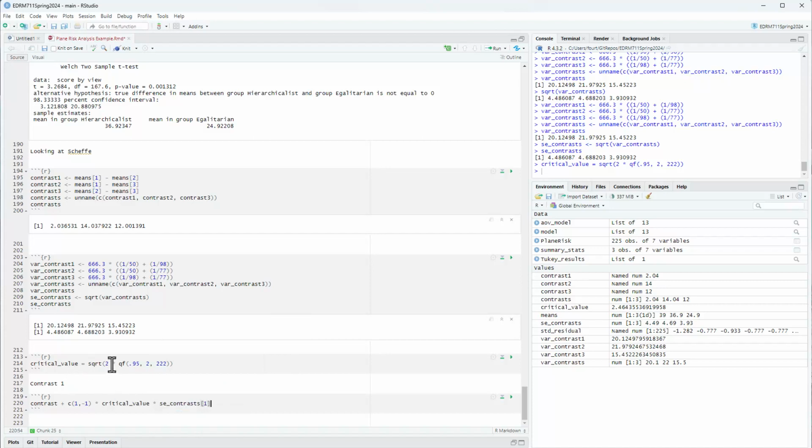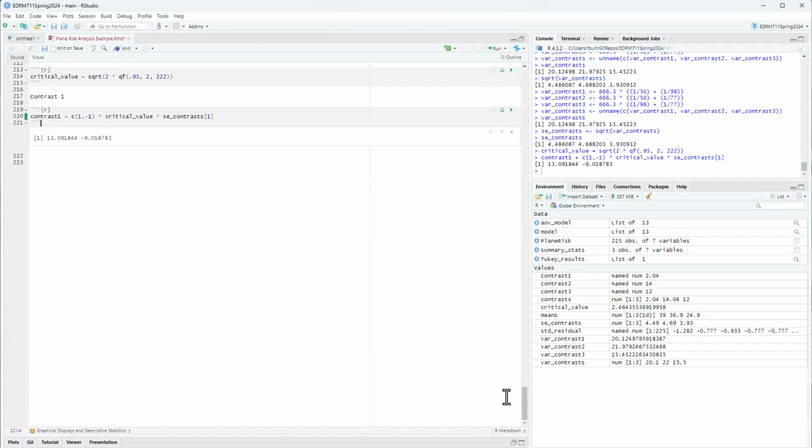So this is the first contrast right here. Oop, I didn't put contrast 1. There we go. First contrast right here. And I'm going to plus and minus it by margin of error: critical value, which I just calculated here for Scheffe, times the standard error, which I saved here, and the first one is the one I'm doing.